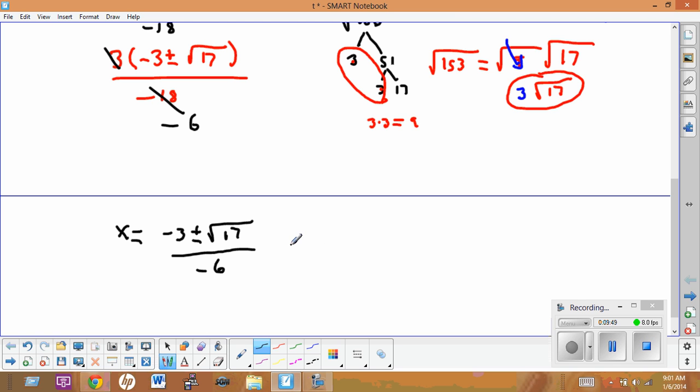And keep in mind there are 2 answers there. We have negative 3 plus the square root of 17 over negative 6, and negative 3 minus the square root of 17 all over negative 6.